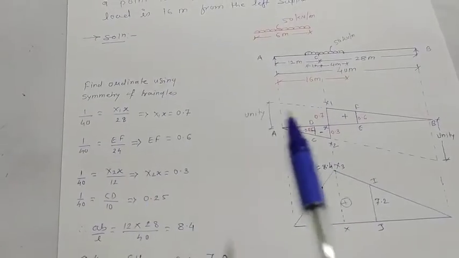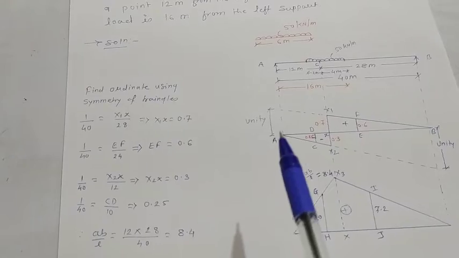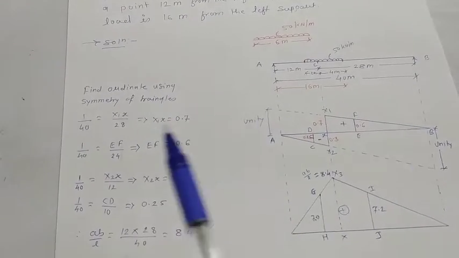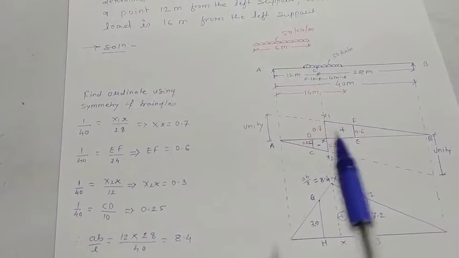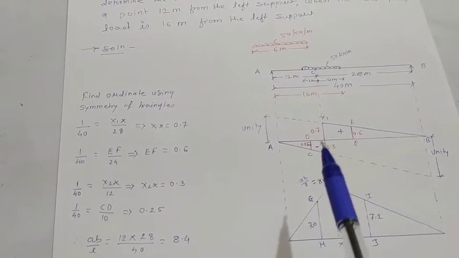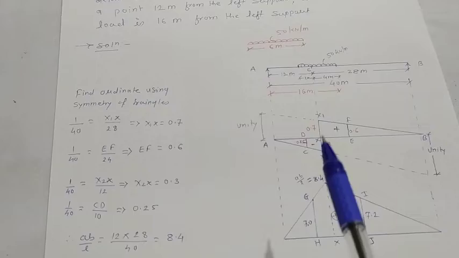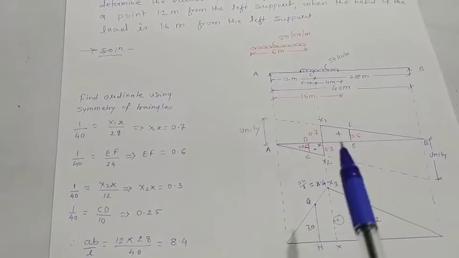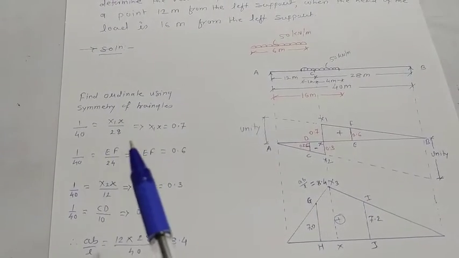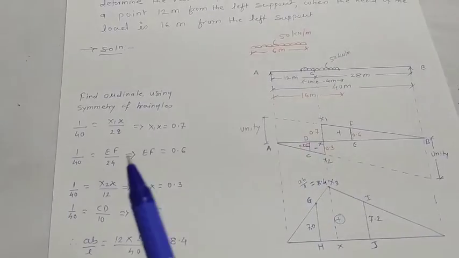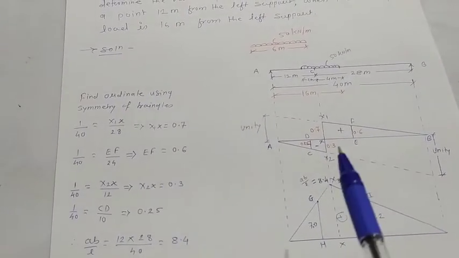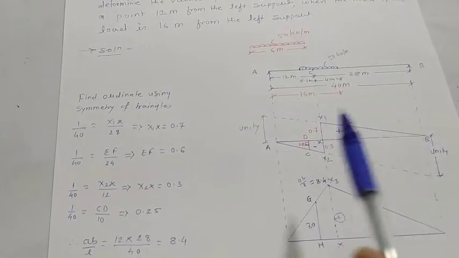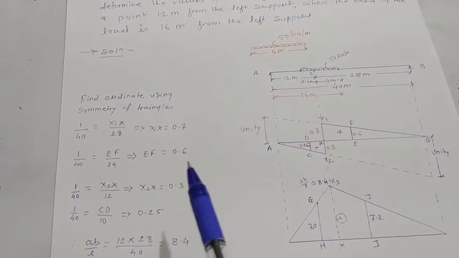Suppose I am finding this value. This one is unity, means 1 by 40. So what will be the value of x1 at 28? x1 at 28 will be 0.7. Similarly, 1 by 40 times EF at 24 from B will be 0.6.